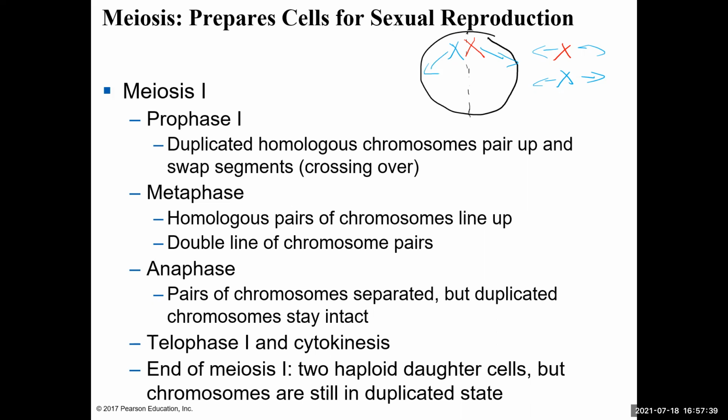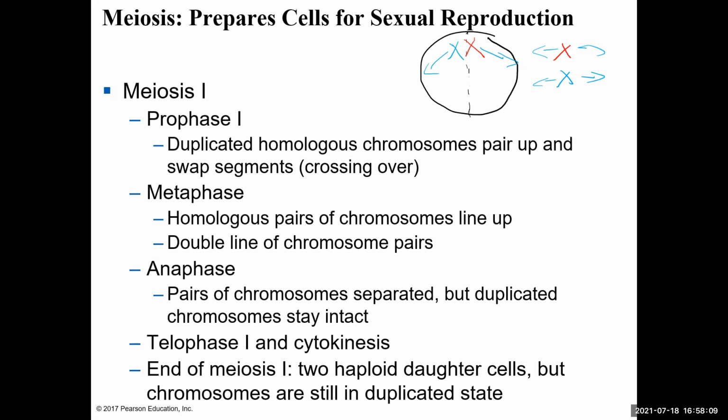Metaphase is those homologous chromosomes lining up. Anaphase is separating the homologous chromosomes, taking them to the poles, and then telophase is the breakdown of the mitotic spindle fibers, the nucleus reforming, and cytokinesis happening.